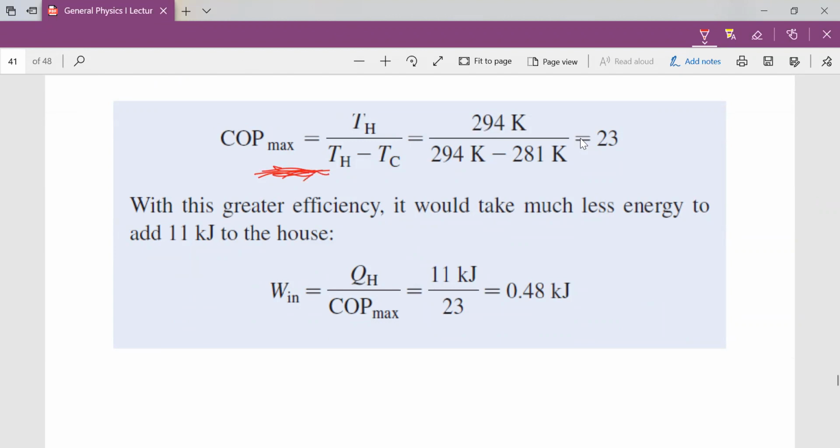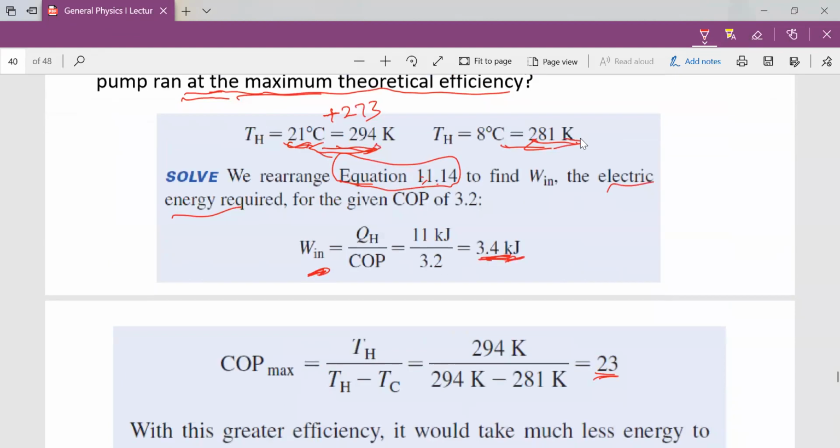If it's for cooling, this will change, okay? The arrangement is also going to have the temperatures for hot and cold, but their arrangement is going to be different. So we obtain 23 as the COP for this machine to function at its maximum.